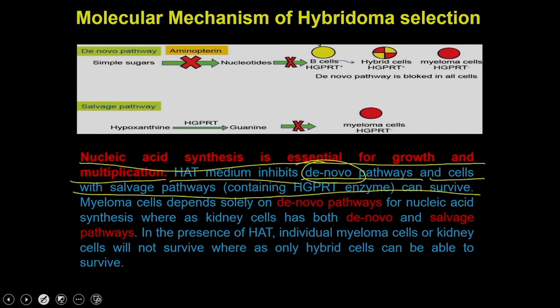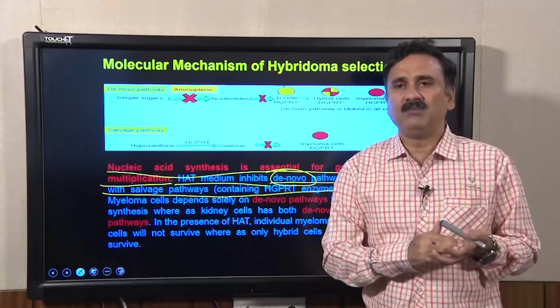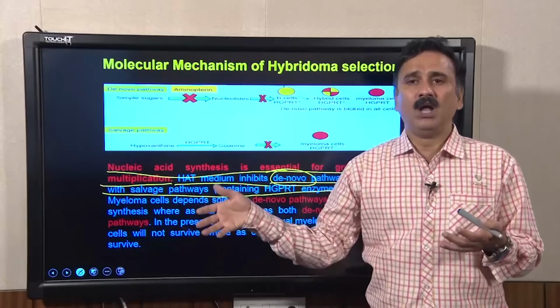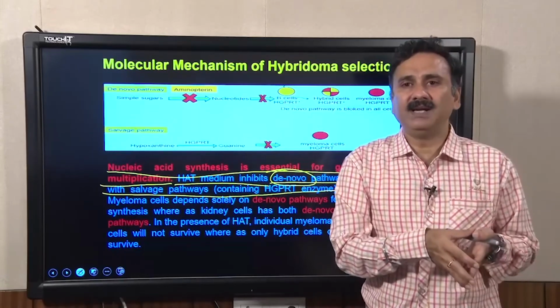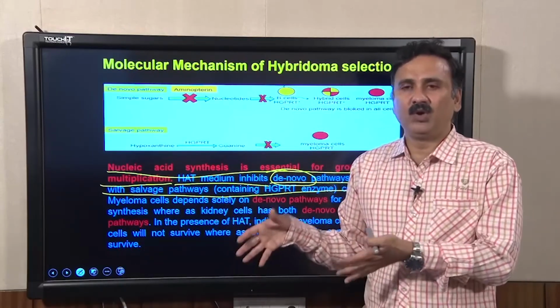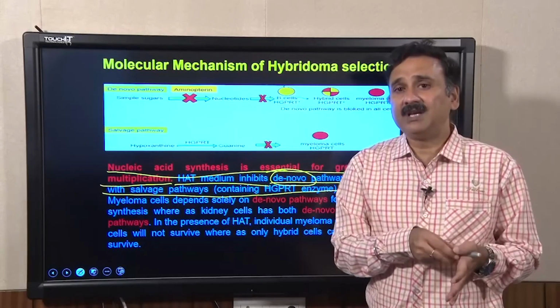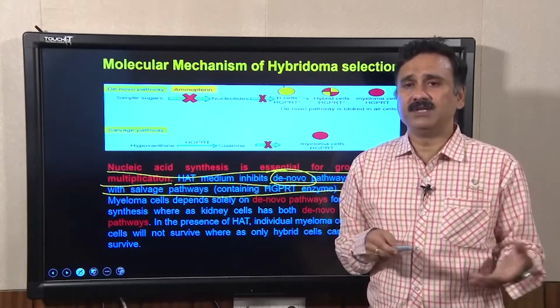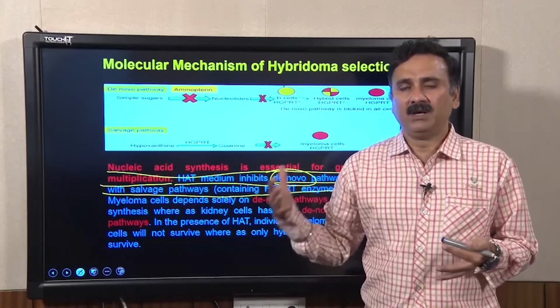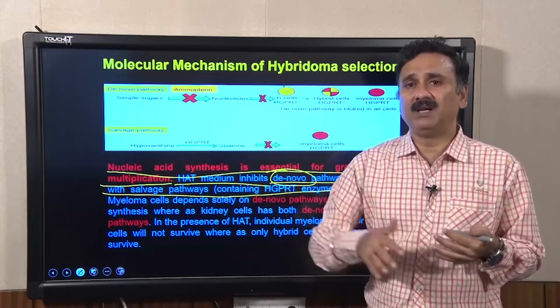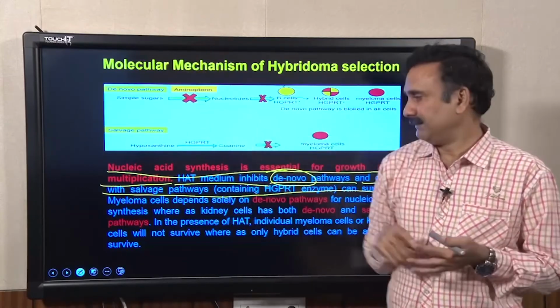Whereas in the salvage pathway you are not synthesizing the nucleotides from raw materials; you are utilizing degraded nucleotides, or sometimes amino acids, or incompletely formed nucleotides as a source to synthesize the purines or pyrimidines. That is why the salvage pathway requires fewer resources and is a quicker way of synthesizing nucleotides compared to the de novo pathway, where you start with the raw material.